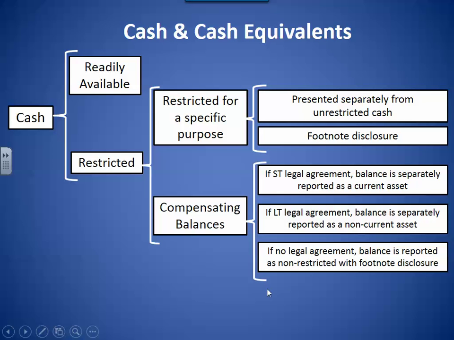And thirdly, if there's no legal agreement, in other words, it's just kind of informal, they should keep that balance on hand, but they don't have to. The balance is reported as non-restricted with footnote disclosure. In other words, you can keep that as cash and cash equivalent, but you have to disclose that compensating balance, that theoretical restriction, in the footnotes.